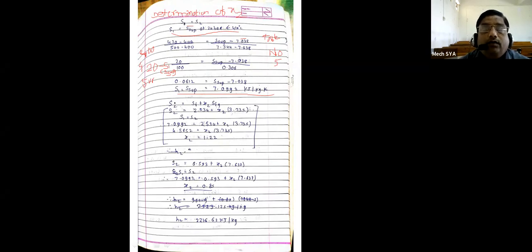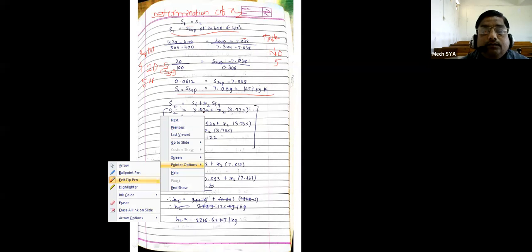Then S2 is equal to... now point number 2 is lying in the wet region. Same, S2 is equal to SF plus X2 SFG. Here we have to record SF and SFG at 0.08 bar, the condenser pressure given.